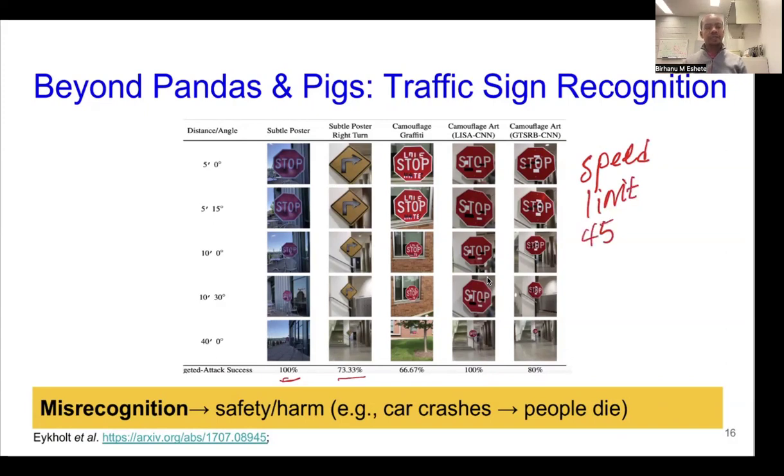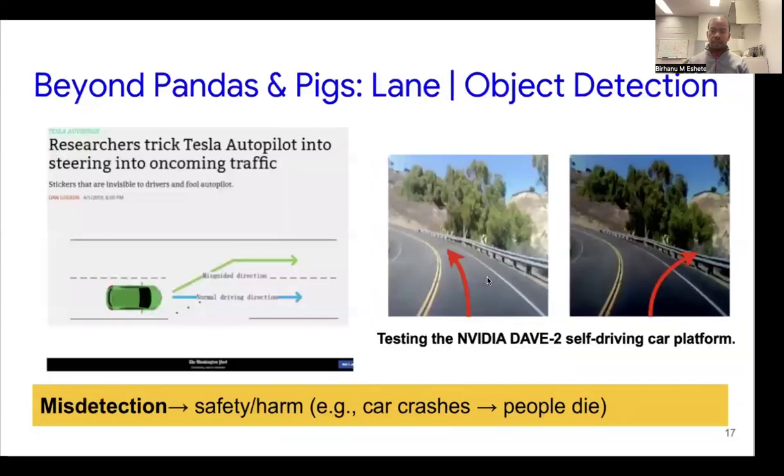So you can see the implication of the misrecognition in this case is safety. The car could crash or people could die. Along the same line of self-driving cars, there are other functionalities like lane detection and object detection.